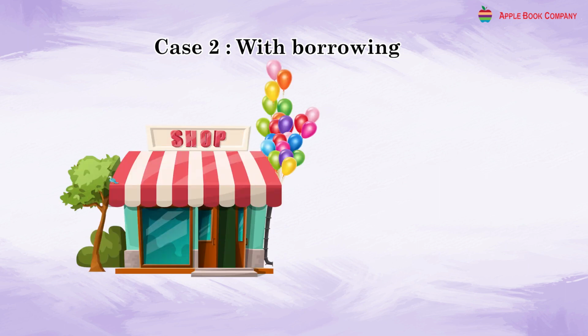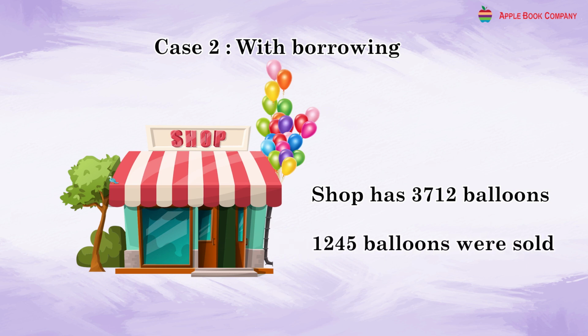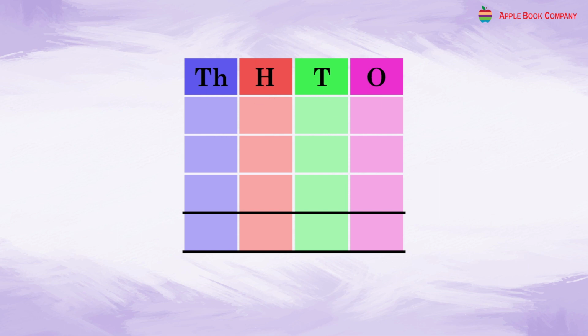Let's see another example, in this case with borrowing. A shop has 3,712 balloons. 1,245 balloons were sold. How many balloons are still left in the shop? Now, let's remove 1,245 from 3,712.